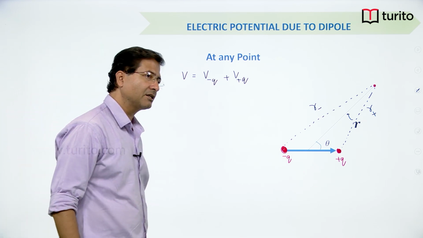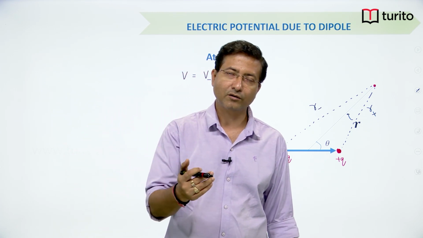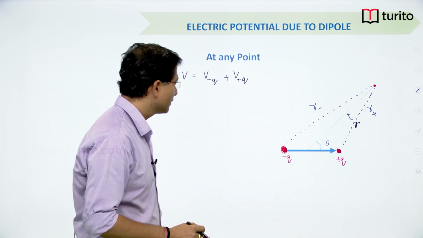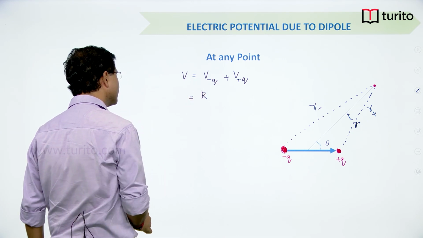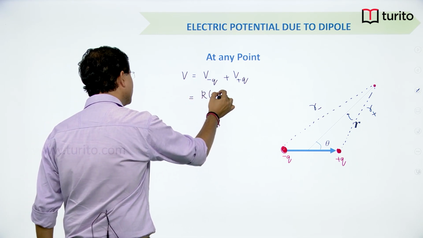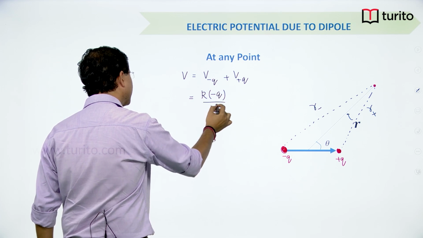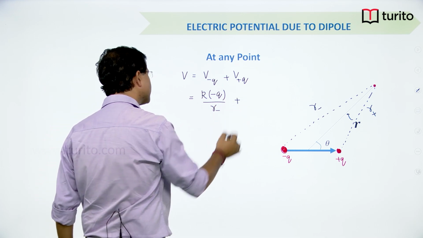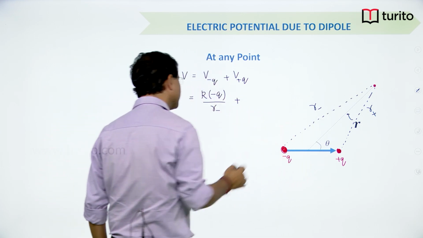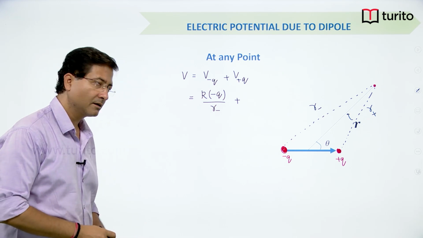Potential is a scalar quantity, so charge must be kept with sign. The formula is kq by r. So here I write k into minus q divided by r minus, because this separation is r minus, kq by r with sign.